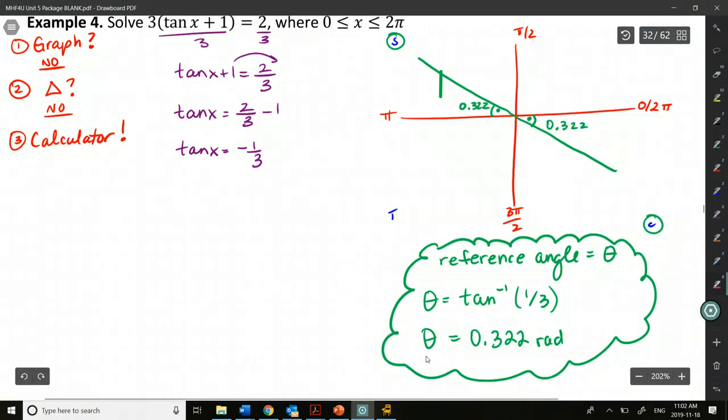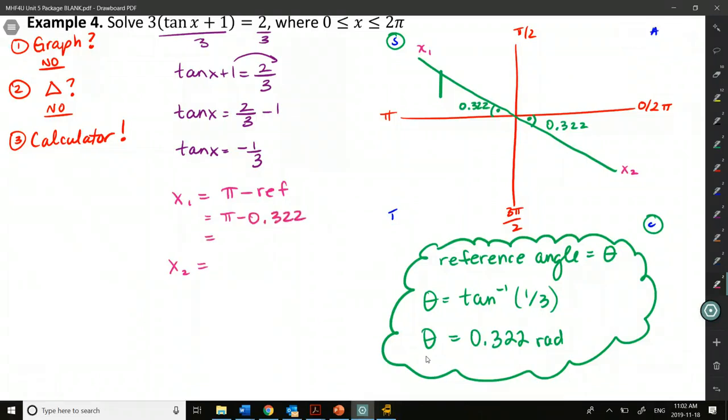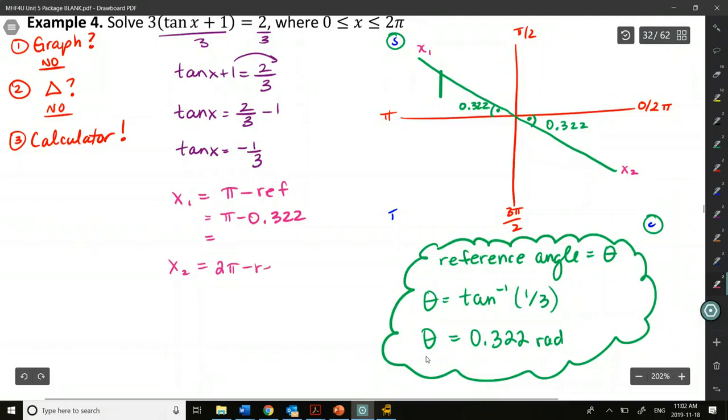Now we need to find, let's call these x1 and x2. What is that? So pi minus the reference angle in quadrant 2 will be pi minus 0.322. That will give us our x1. And then we'll do 2 pi minus the reference angle in that last quadrant there.